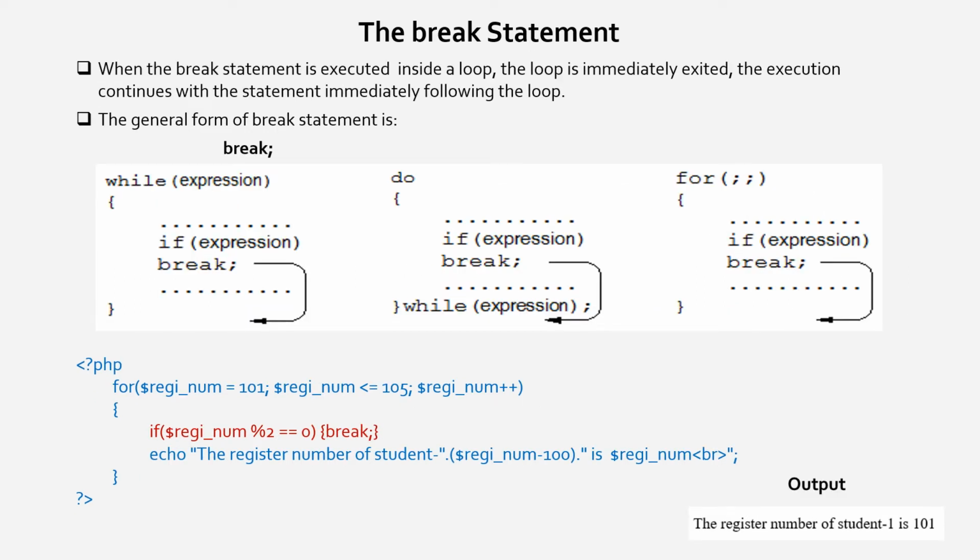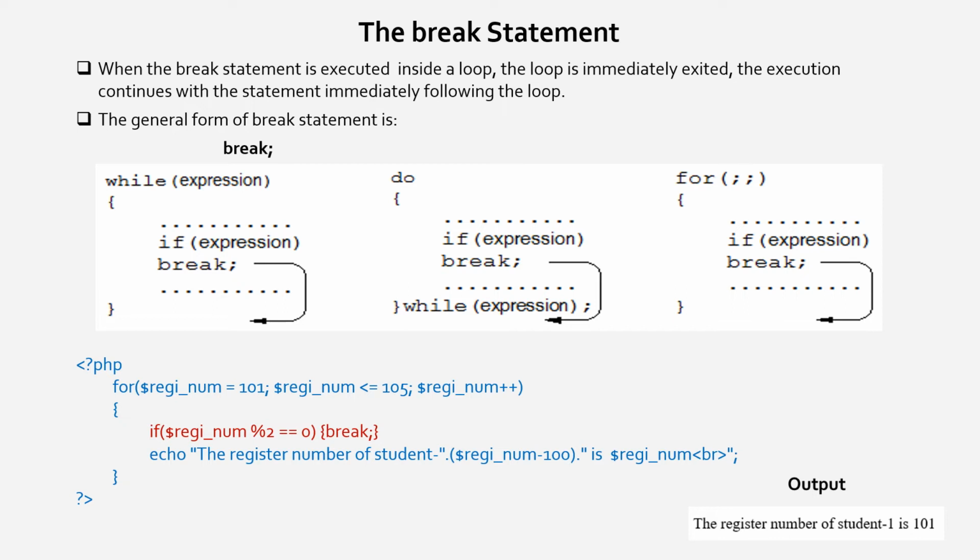Now we are going to discuss the break statement. When the break statement is executed, the loop is immediately exited, and the execution continues with the statement immediately following the loop.